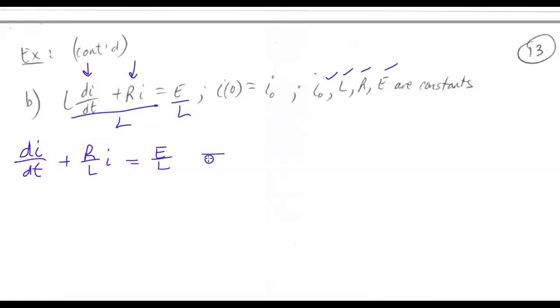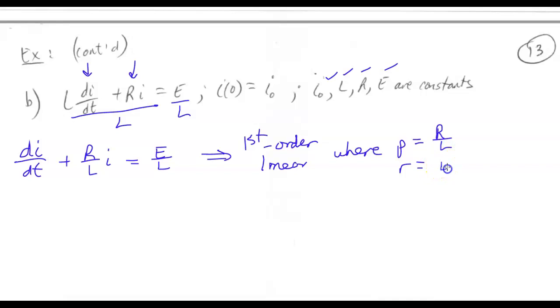So since this is first order linear, then we also know that P and Q will be important to us. Our P is R divided by L, and our Q is E divided by L.